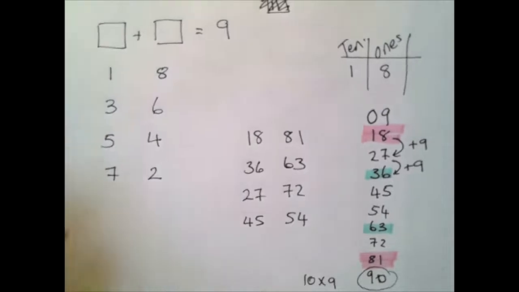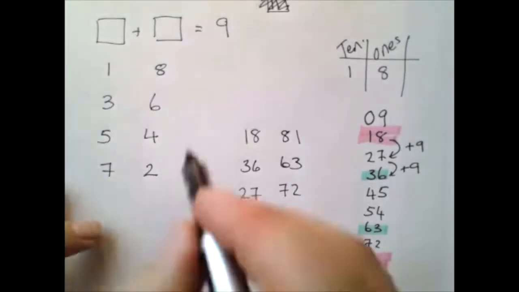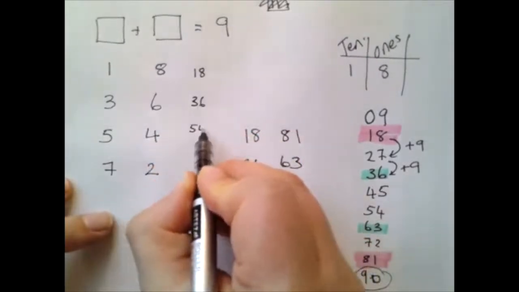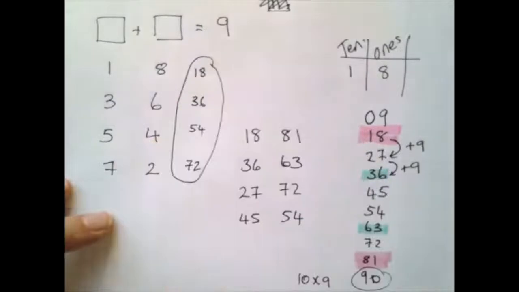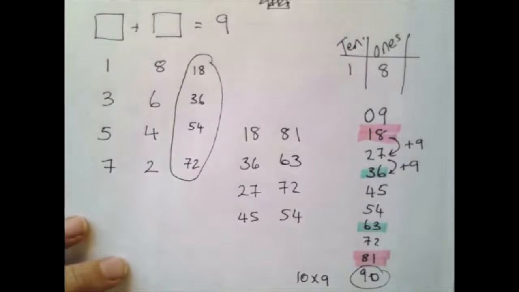Can you see something interesting about if this was 18 and this was 36 and this was 54 and this was 72, what's interesting about those numbers when we compare them to the 9 times table?